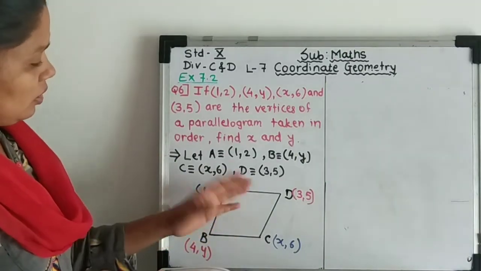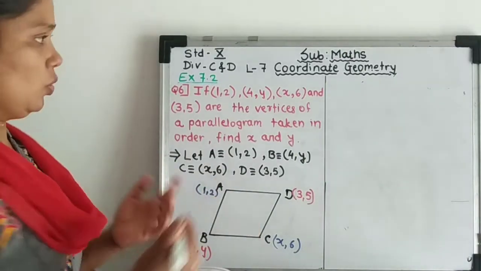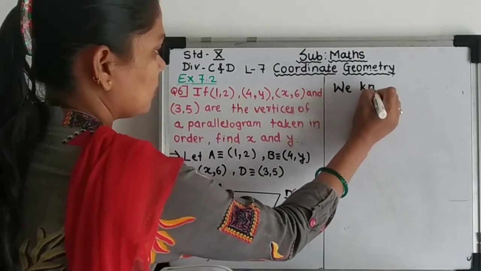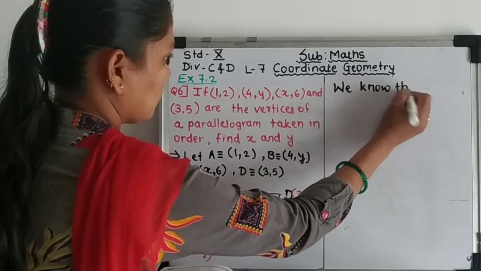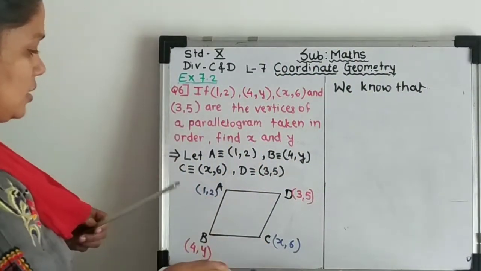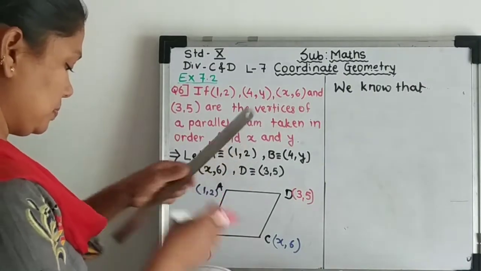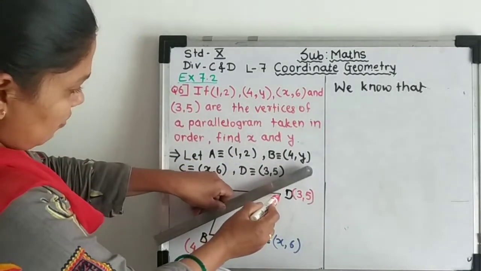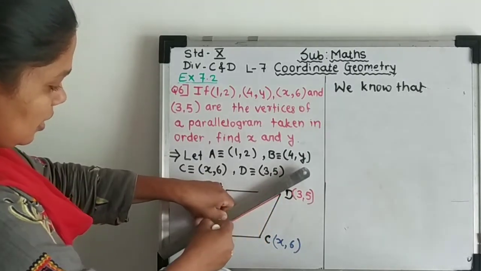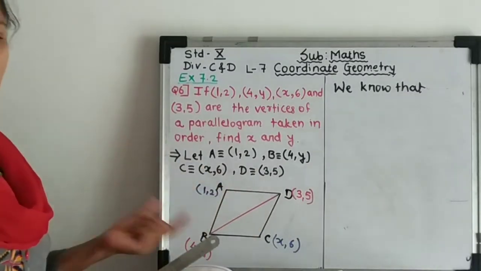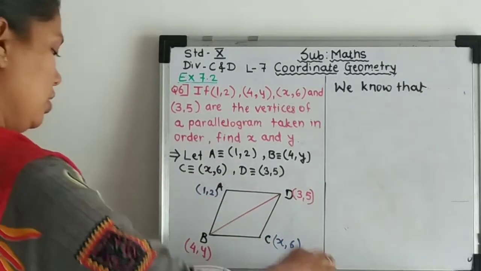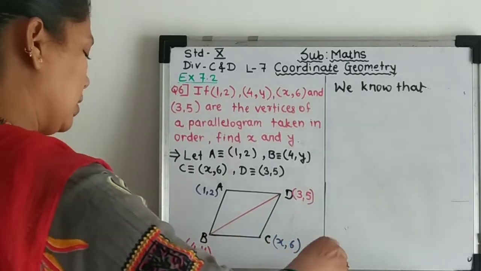See, about a parallelogram, what we know is that if I join these 2 points B and D, what will I call it? This is a diagonal, right? So I'll join them.